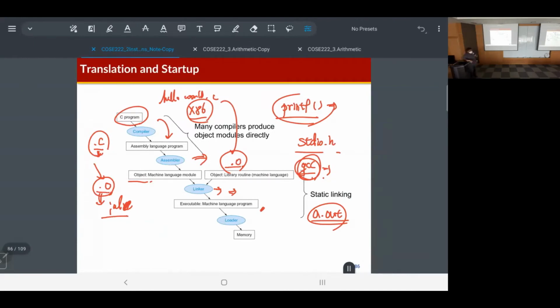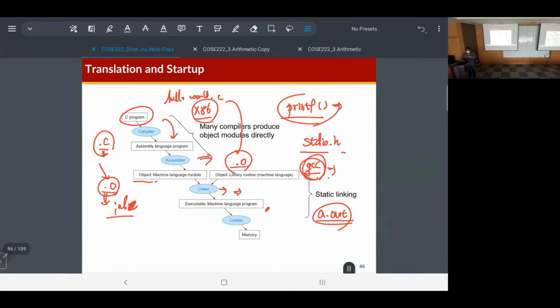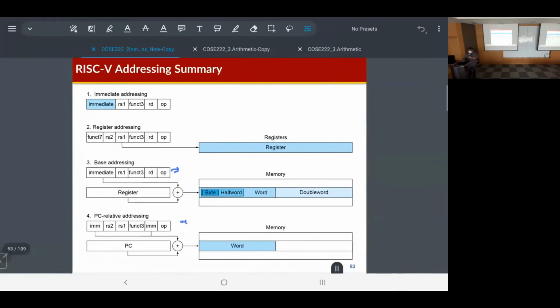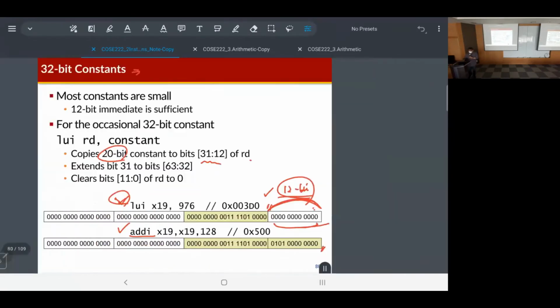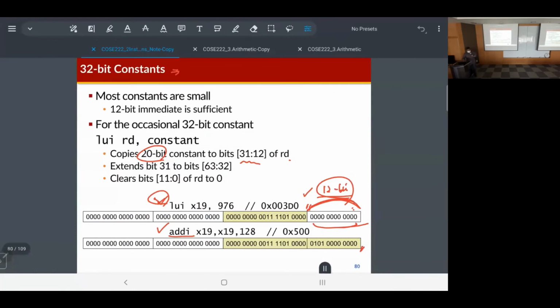So in the previous class, I covered how a compiler works, and before explaining about the compiler, I also covered some additional RISC-V instructions such as AUIPC. AUIPC supports very large constant numbers, and with this, we can generate large constant numbers easily. Okay.